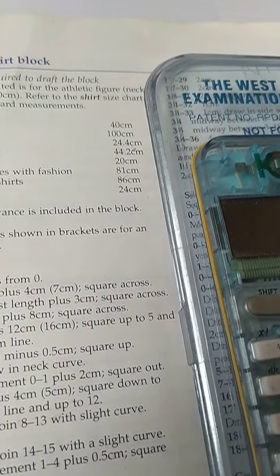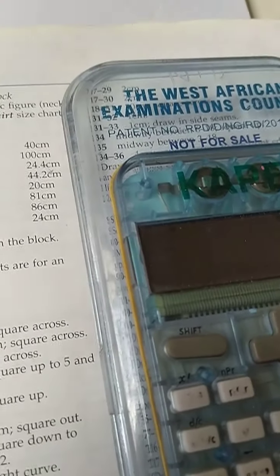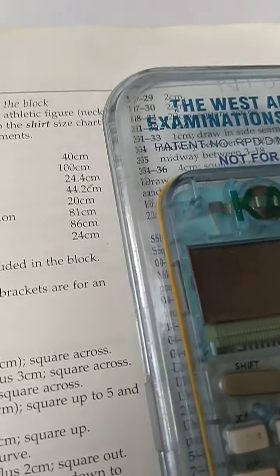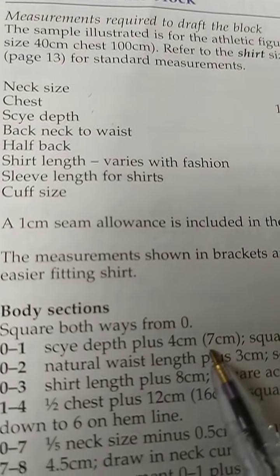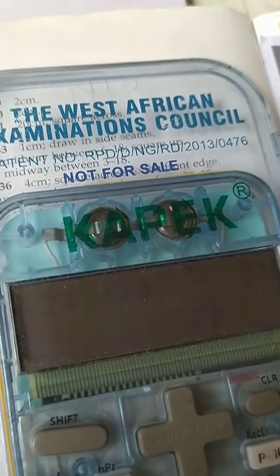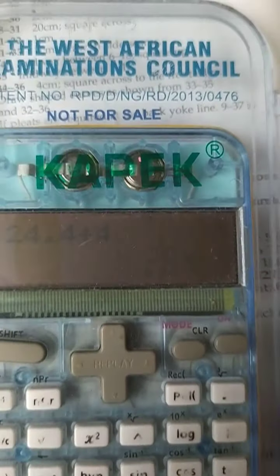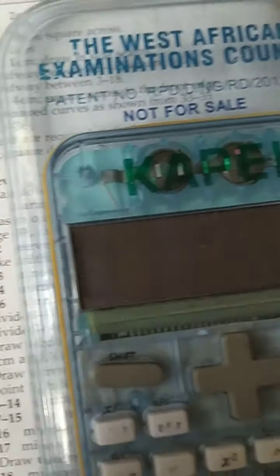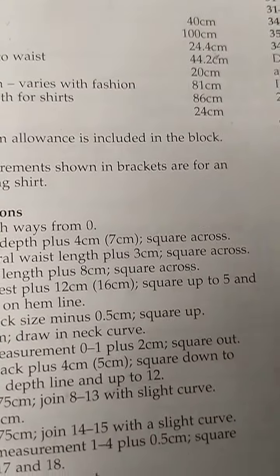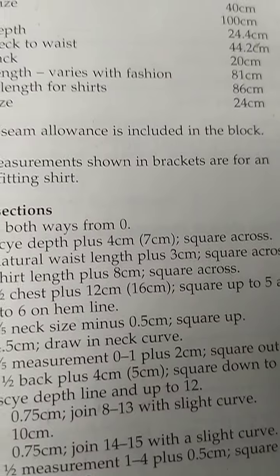So 24.4 plus 4 equals 28.4, divided by 2.